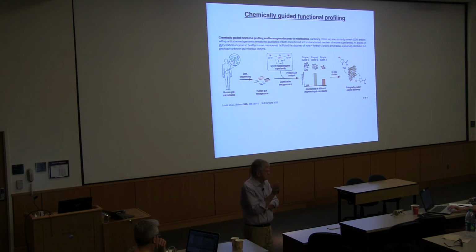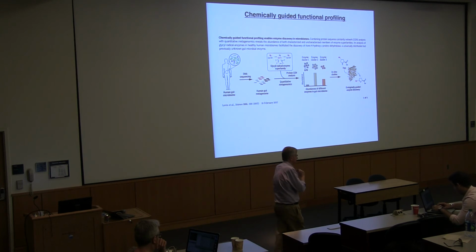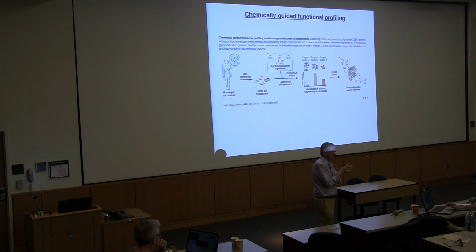All right? And what Emily and Curtis described was using the abundance of members of protein families in metagenomes and mapping those to sequence similarity networks for the protein families to figure out which clusters, in their case, the glycol radical enzyme family, were represented in the human gut microbiome.